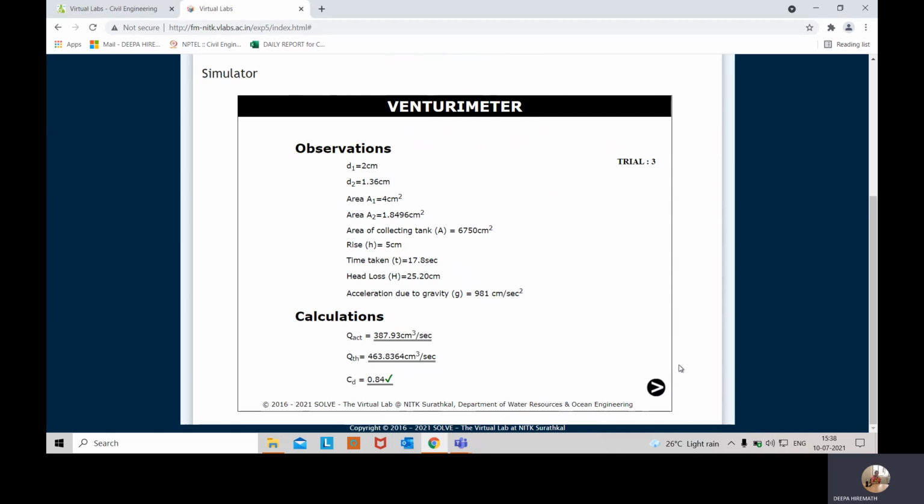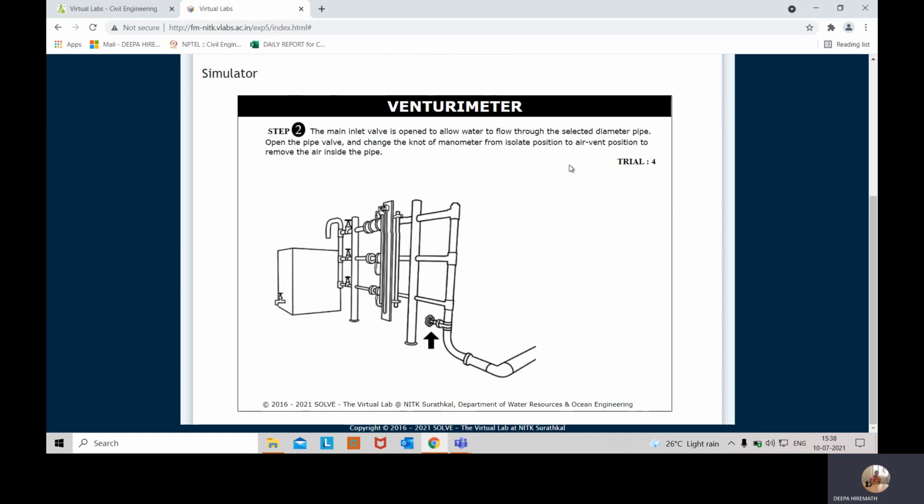So here ends trial 3, and again trial 4 is continued for the selected diameter of the pipe. If I select here, again we'll be doing the same thing.